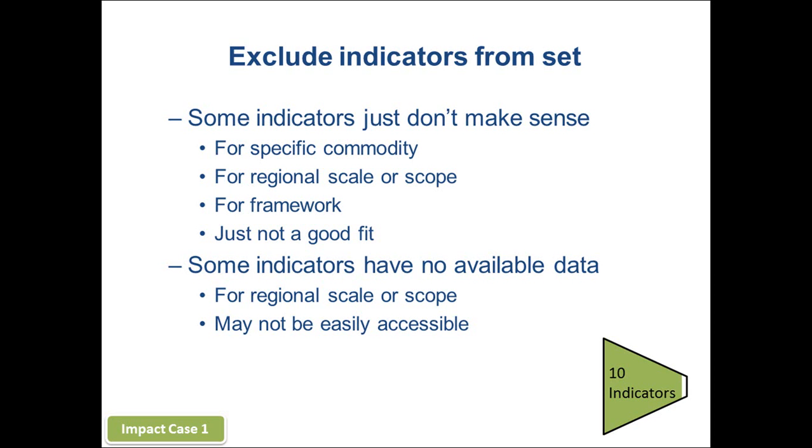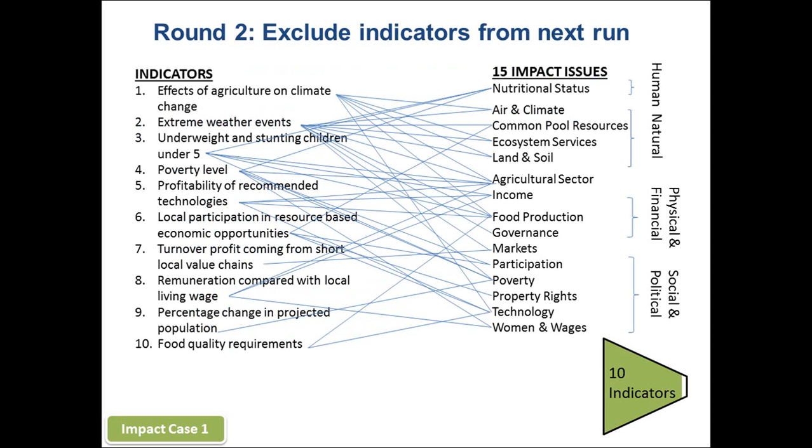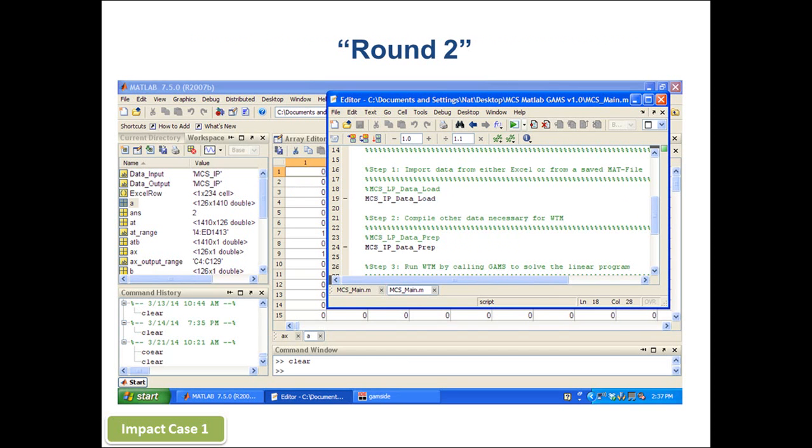There are many reasons why an indicator might not be a good fit, but by asking this question, we can go through our initial minimum set and exclude indicators for these various reasons. For instance, extreme weather events and population growth may be better vulnerability metrics, and then impact metrics are what we're concerned with in this case. And turnover profit may not be the best indicator to consider the impacts on global supply chain markets.